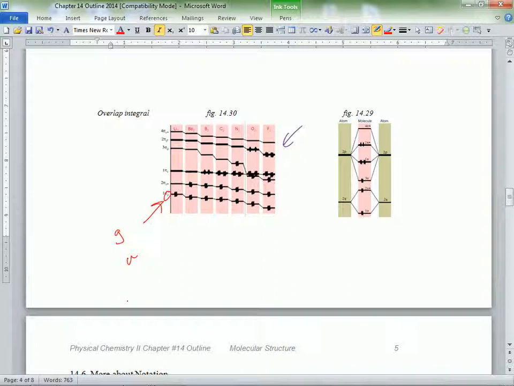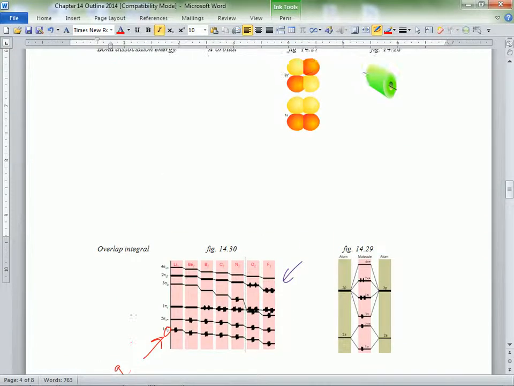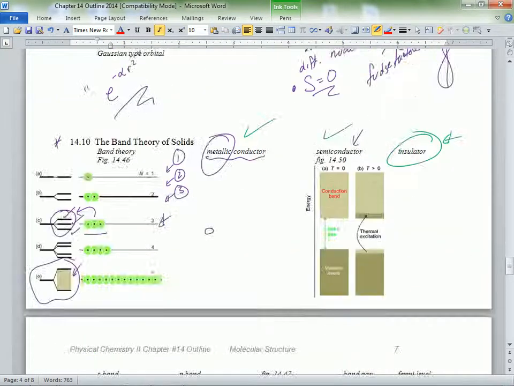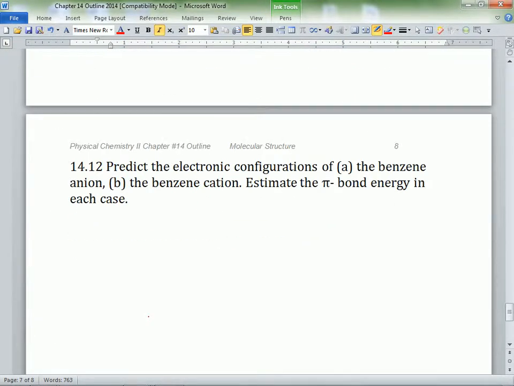So if you reflect through the center of inversion on the bottom one, do you get the same thing every time? Yeah, you most definitely do. So on the bottom one, you would say that is gerade. So A2u is gerade.